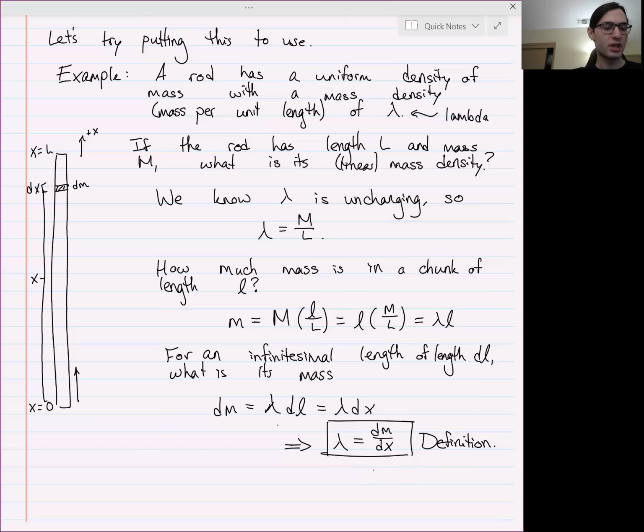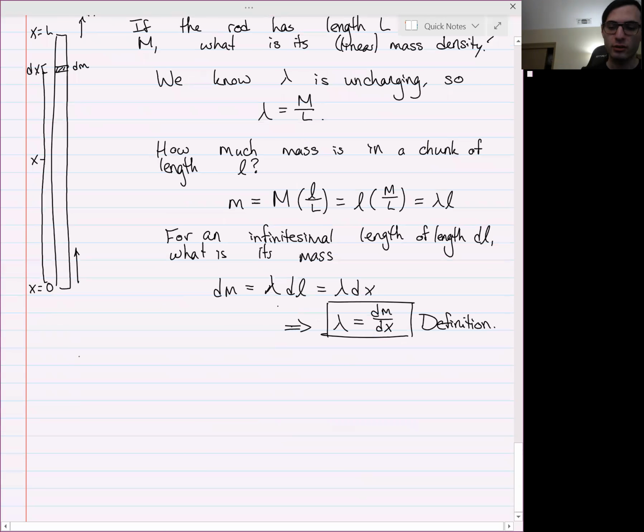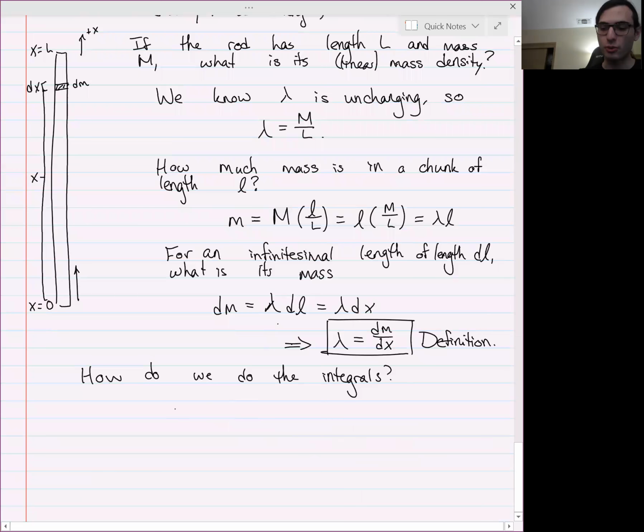So how can we use this information about lambda to do one of the integrals? Well, for example, if we were just writing the sum as i goes from 1 to n of just m_i times 1, this should just be equal to the total mass, right?